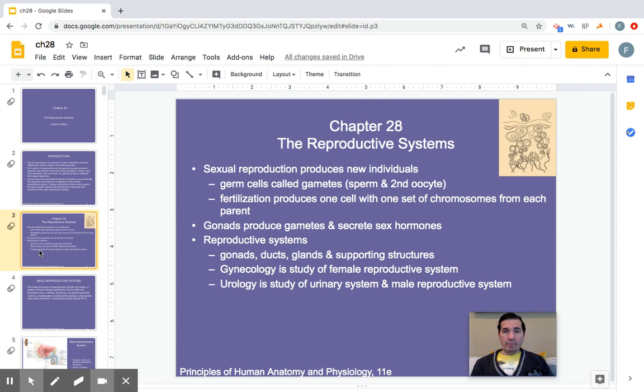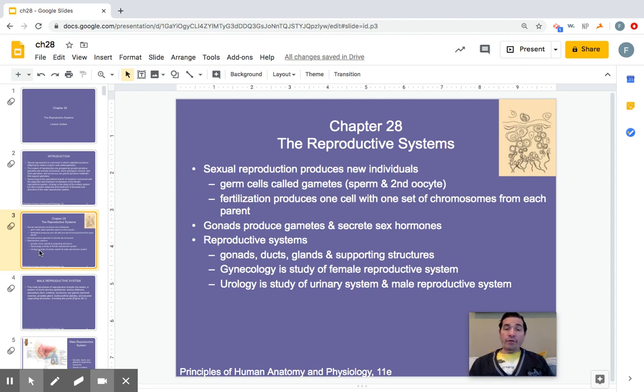This is important to understand. We also will notice that gonads will produce different hormones. The hormones will produce the primary sex characteristics.